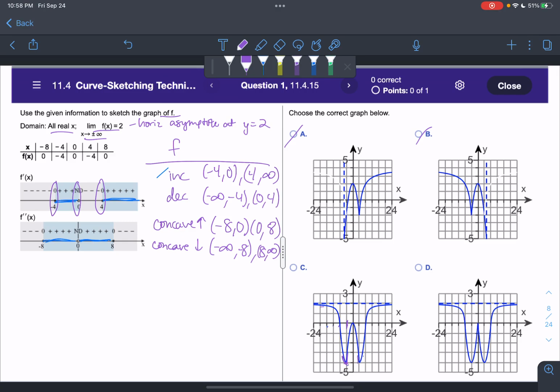It doesn't look like it's differentiable at those corners. Whereas on D, it looks a little more smooth in that I have horizontal tangent lines. And notice at 0, it's one of those hard corners again where my derivative is not a horizontal tangent line. So that's why D is going to be our answer here.